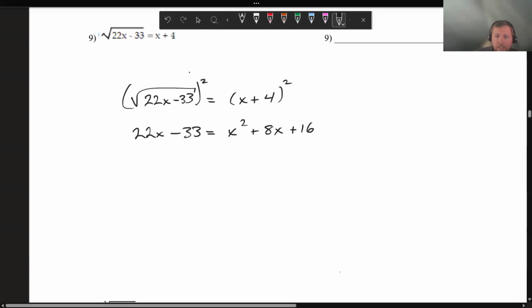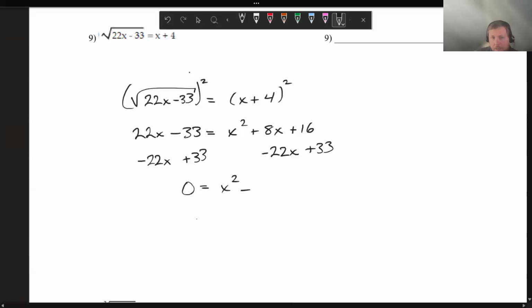So next, I want to collect my like terms. I'm going to subtract the 22x from both sides, and I'm going to add 33 to both sides. So I have 0 is equal to x squared minus 14x plus 49.